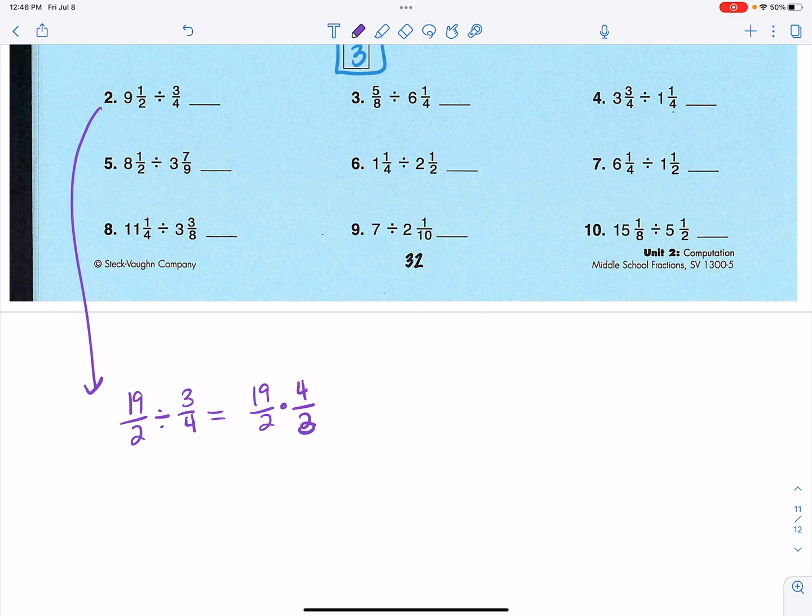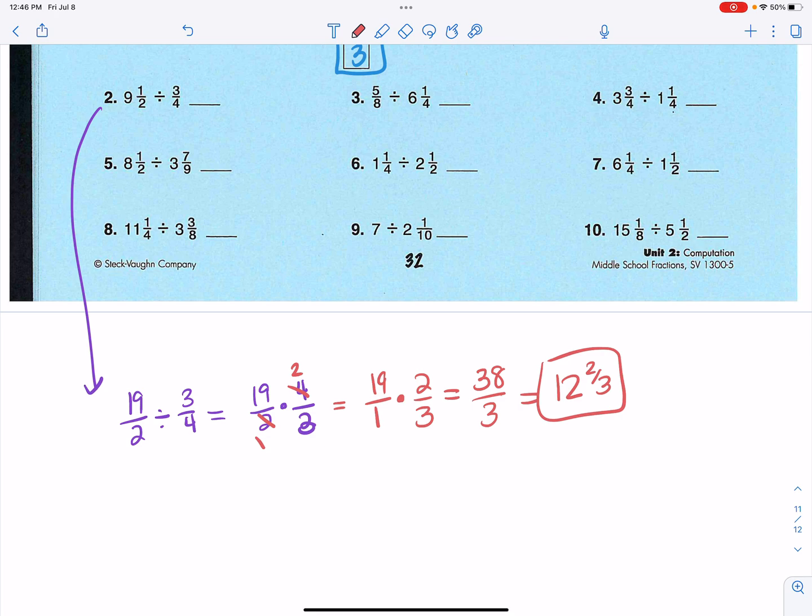So if I notice this 2 goes into 4, top to bottom, instead of doing that, I could do 19 over 1 times 2 over 3. And my answer is 38/3. Well, 3 goes into 38, 36. If I look at my pink sheet, it goes in 36 and then 39. So 36 is 12 with 2 left over.